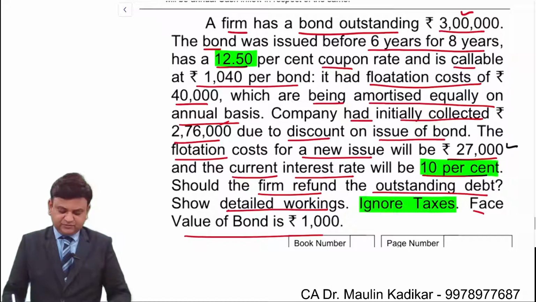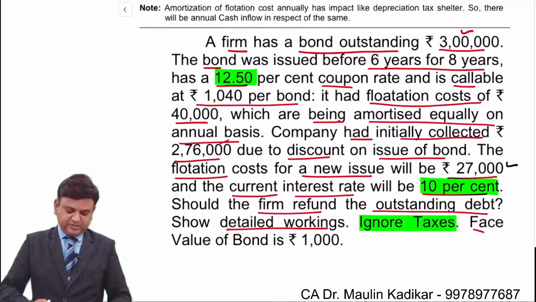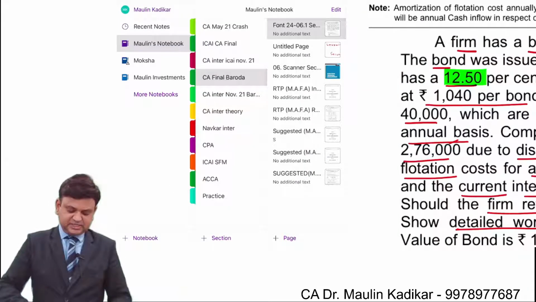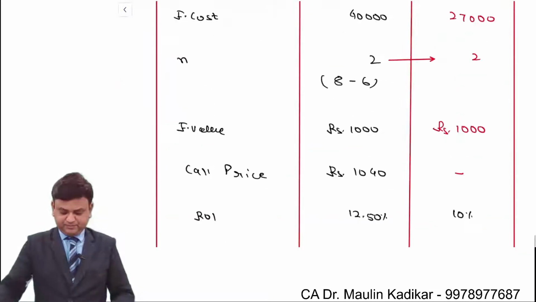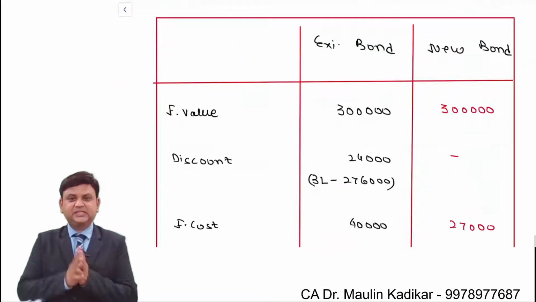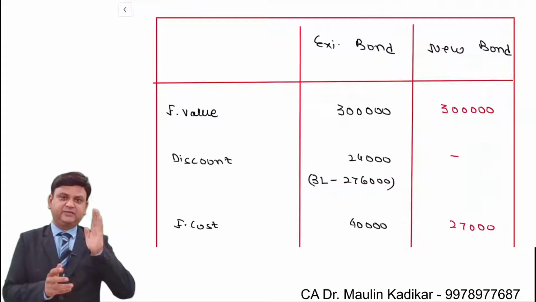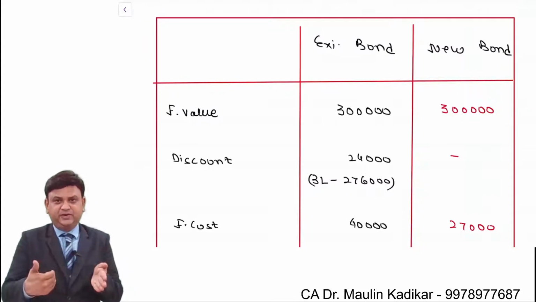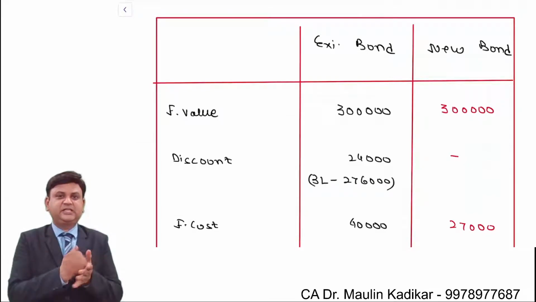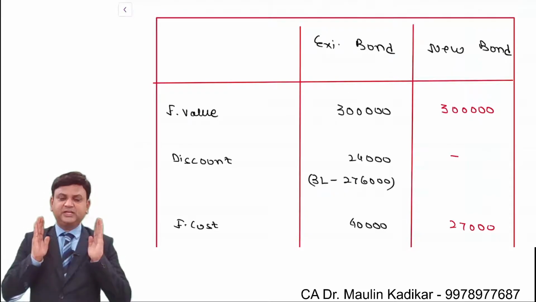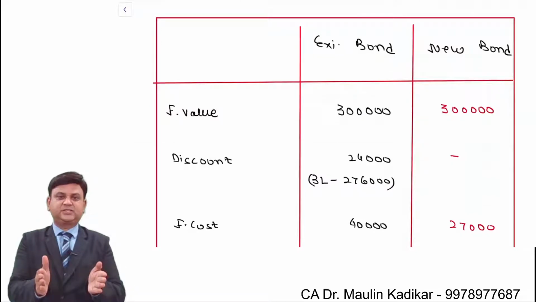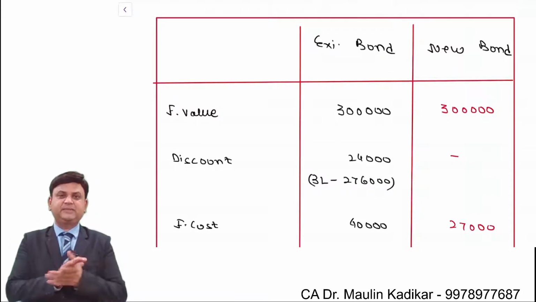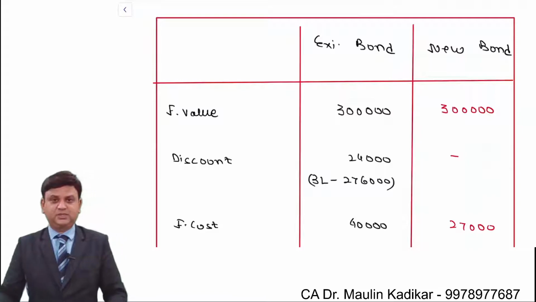So based on this information, we are required to decide whether to reschedule the existing debt finance or not. The company can continue either with the existing debt finance, or the company can issue the new debt finance to redeem the existing debt finance. Both the debt financings cannot go simultaneously. So it is given the name of a mutually exclusive option.